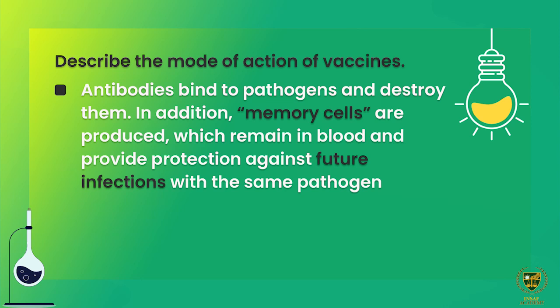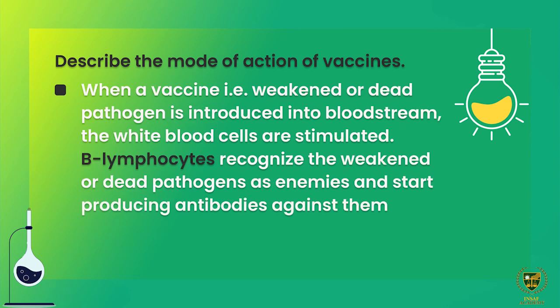In addition, memory cells are produced which remain in the blood for a long time and provide protection against future infections with the same pathogen. When a vaccine, that is a weakened or dead pathogen, is introduced into the bloodstream, the white blood cells or leukocytes are stimulated, especially the B lymphocytes.